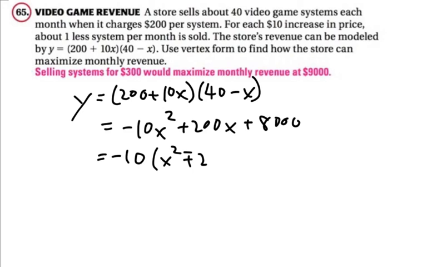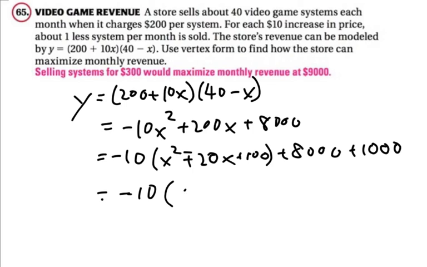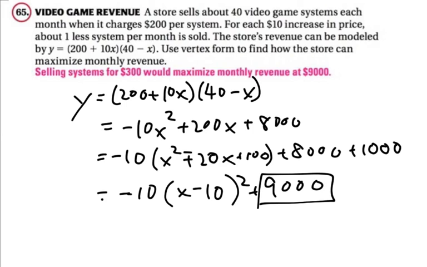This is actually minus 20x plus 8,000. If you remember from doing the homework, this is plus 100, and this is actually plus 1,000, which leaves you with negative 10 times (x minus 10) squared, plus 9,000. So this is the maximum revenue, and it will be maximized when x is equal to 10.